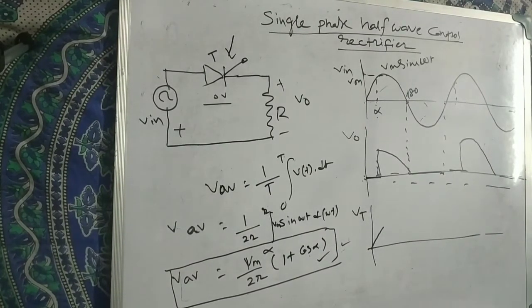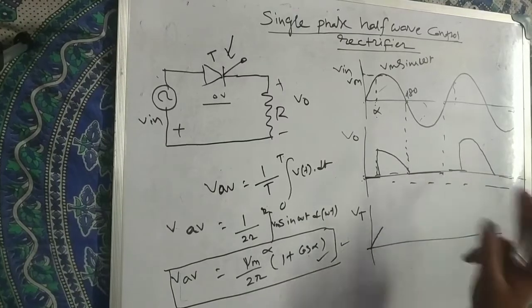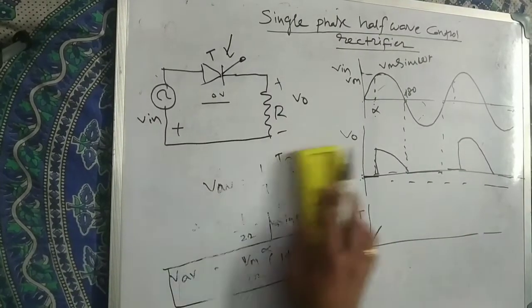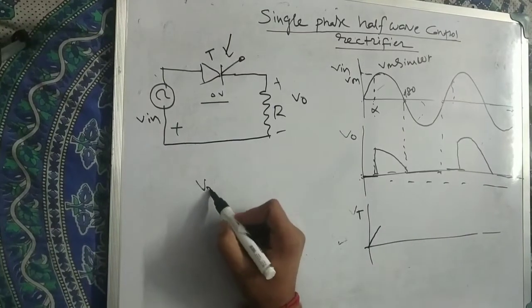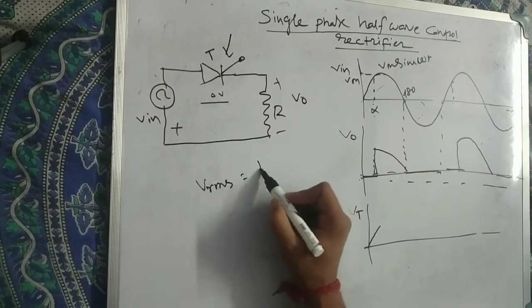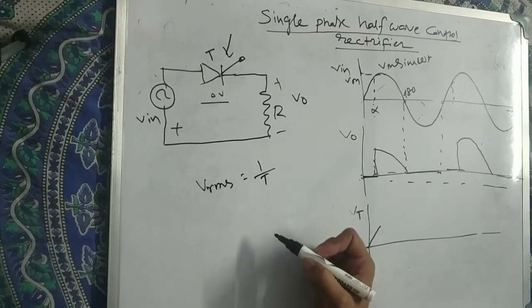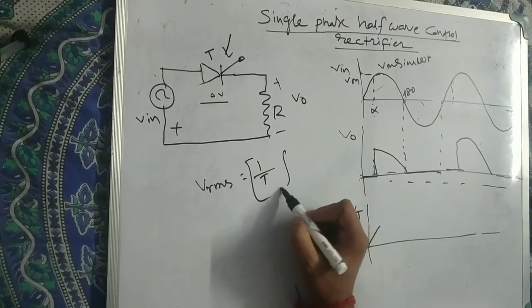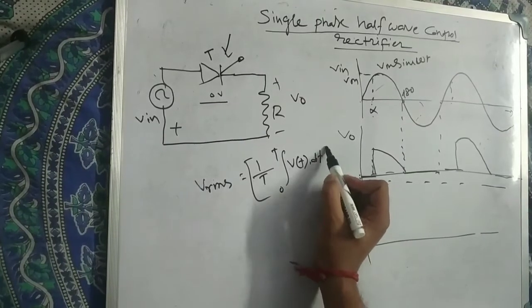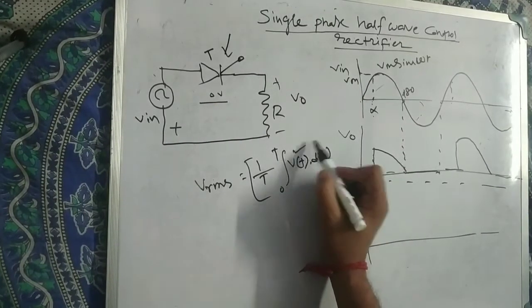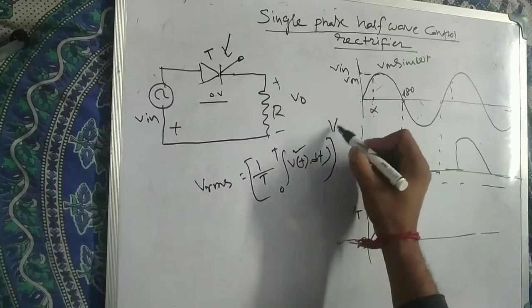We also have to derive the RMS output voltage, so let me derive it. We know the RMS value of any function means the root of 1 by time period, integral from 0 to time period of Vt square dt.